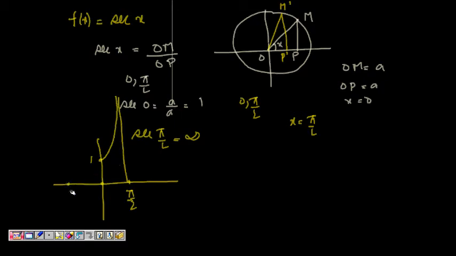Now let's see what happens between 0 and minus pi by 2.